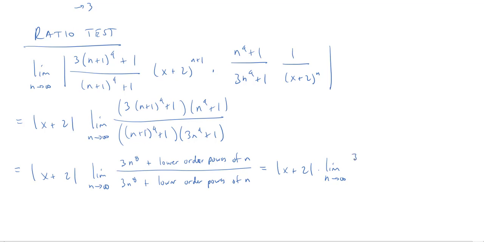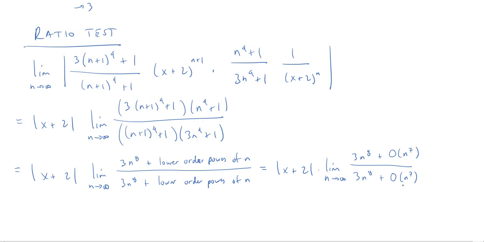So I have 3n to the 8th, and instead of writing down lower order powers of n, I'm going to write big O of n to the 7th. You can treat this as saying I have some expression which basically grows no faster than n to the 7th. On the bottom, I have the same thing, 3n to the 8th plus big O of n to the 7th.